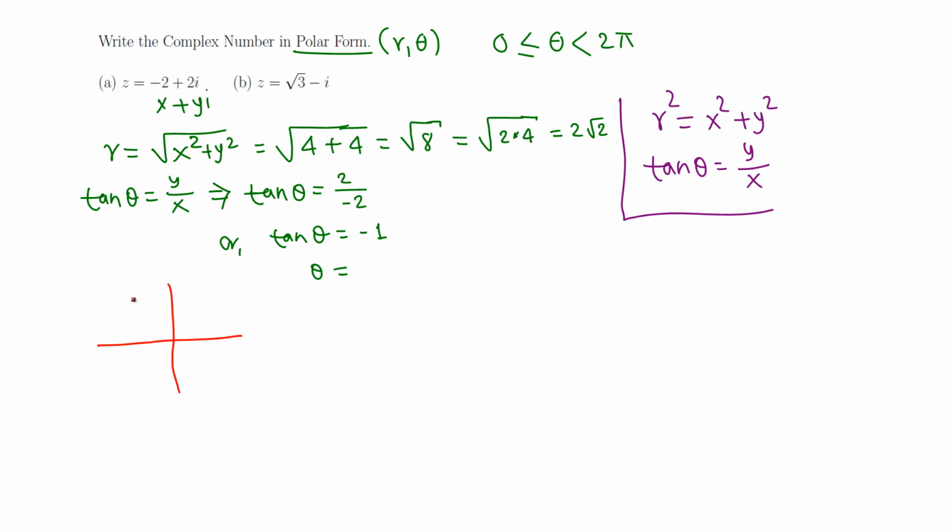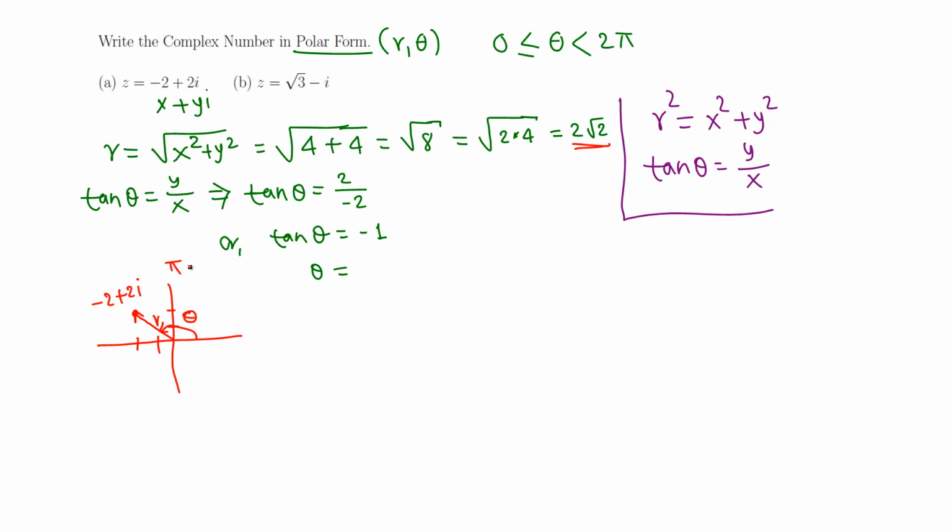Negative 2 plus 2i. So the complex number was here. We just found r, which is 2 root 2, and we are now trying to find theta.